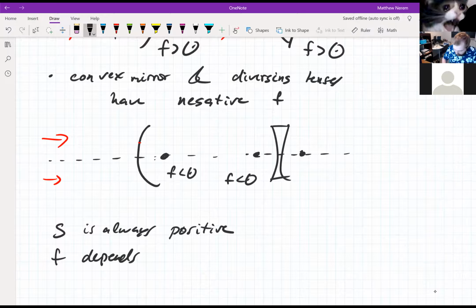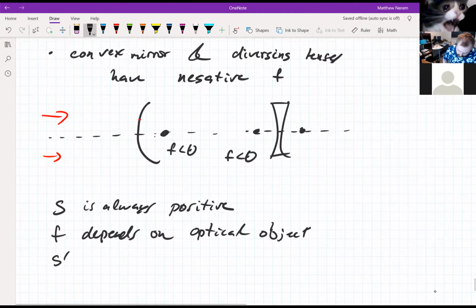F depends on the optical object. S prime is positive if the image is real.